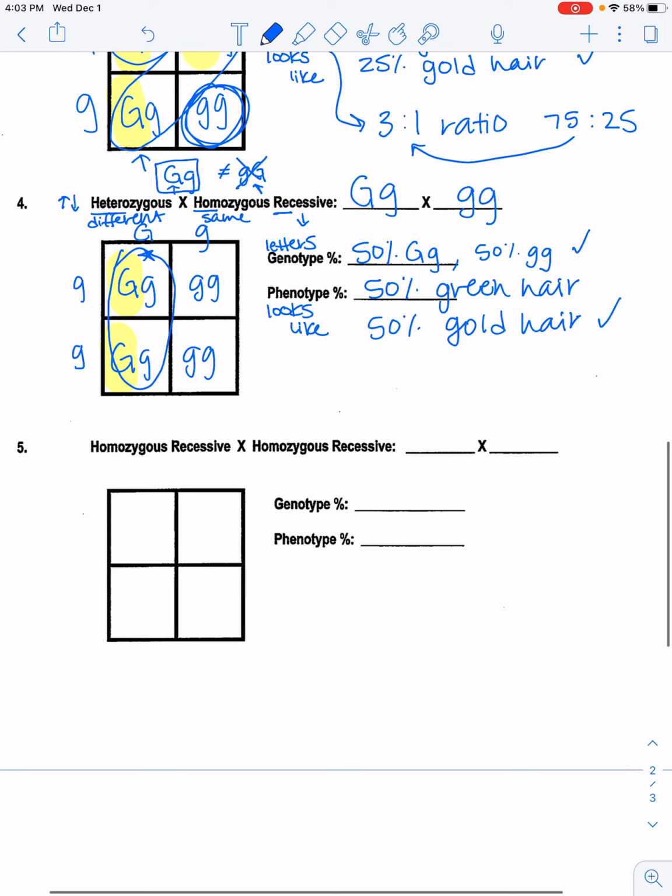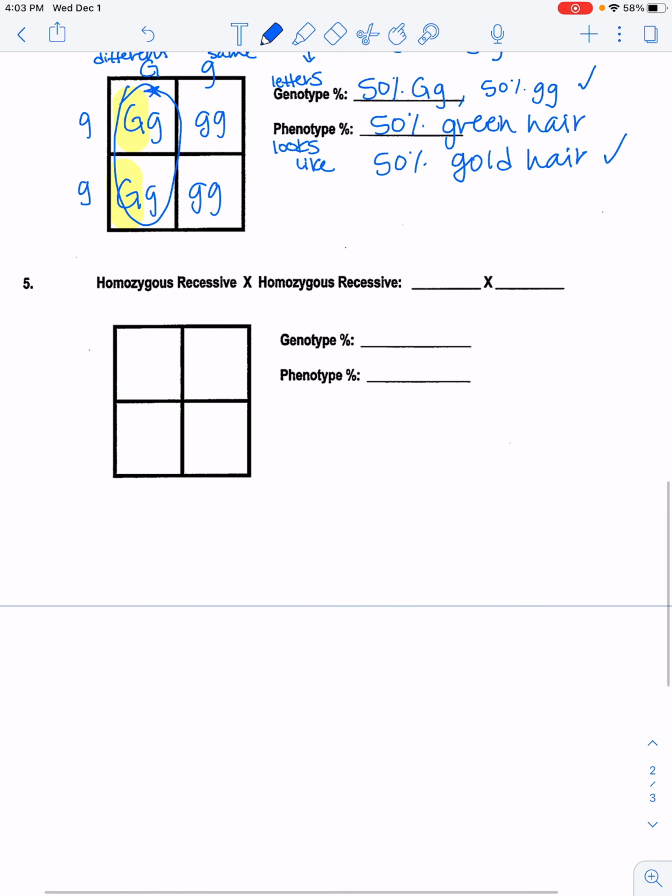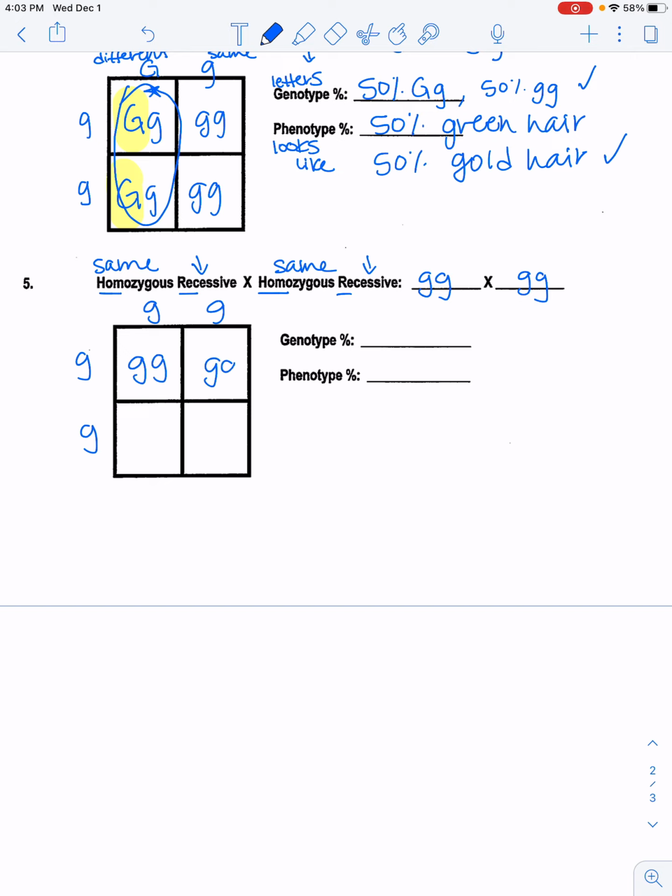Okay. Now I'm going to do this last one, homozygous recessive. So this is same, small, which would look like this. And homozygous, same, and recessive is small, looks like this. This one, as you can tell, is going to be very simple. We'll just go through and fill all of this out.